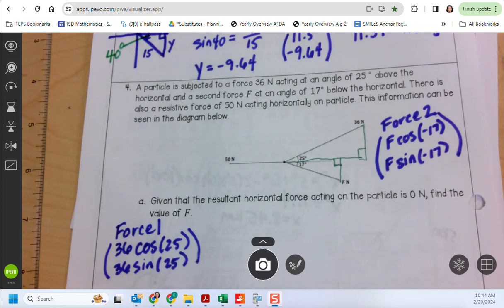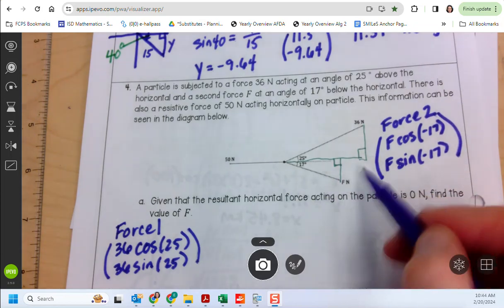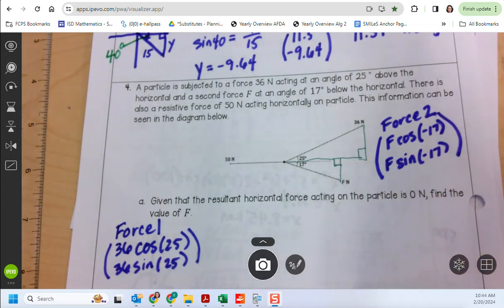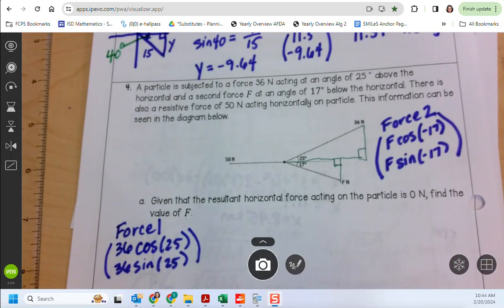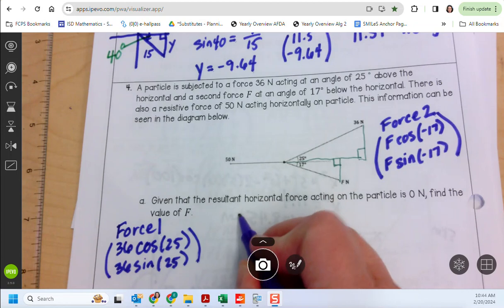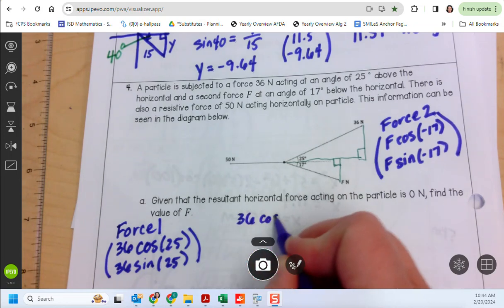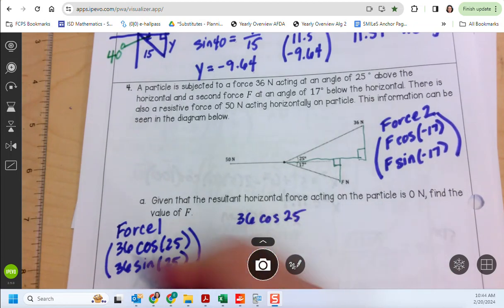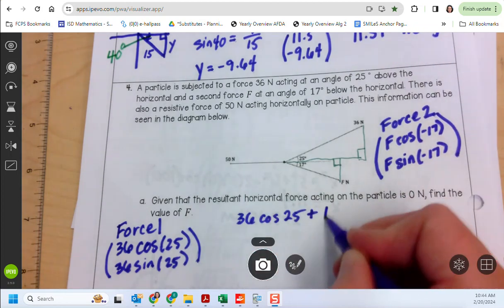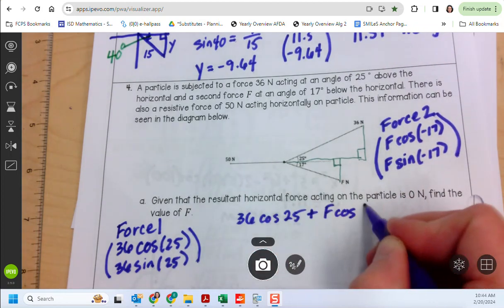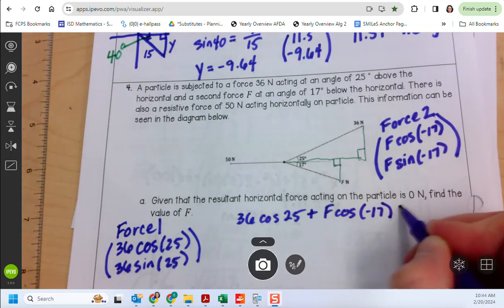Okay, so we know that if we add these two forces together, the horizontal forces are going to equal 50. So we're just going to use the horizontal parts. So I'm going to say 36 cosine 25. That's this one. Plus F cosine of negative 17 is equal to 50.